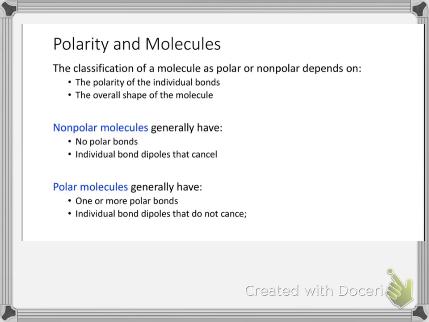To put it really simply: polar in both cases means the electron cloud is uneven or unequal. Nonpolar in both bonds and molecules means the electron cloud is equal or even. So the words polar and nonpolar refer to very similar situations for bonds and molecules. We're not changing the meaning of the words polar and nonpolar.